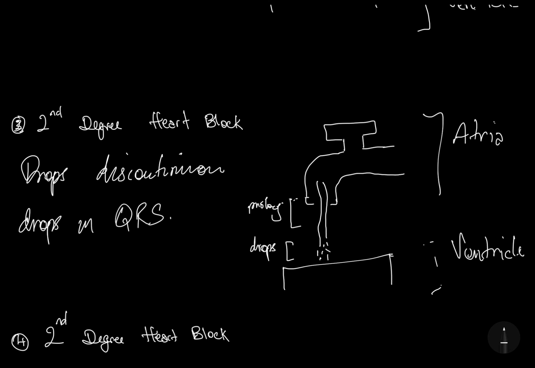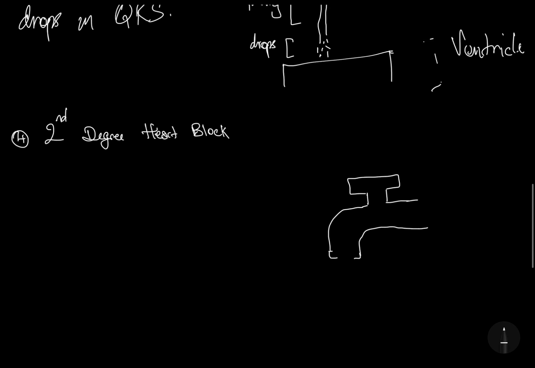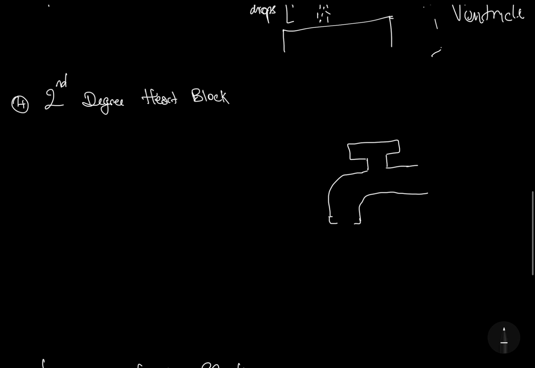Turn your tap off a bit further, and we're still in second degree heart block, because now the discontinuous stream disappears, and if I put the basin here, there are just literal drops coming from the faucet. So the stream is no longer there, but there are only drops.